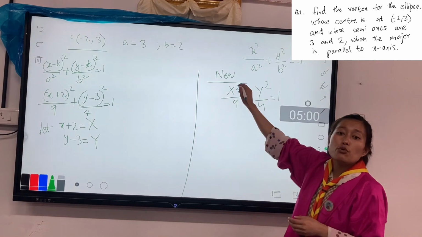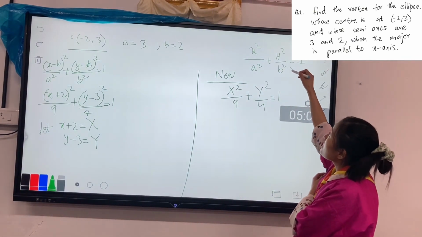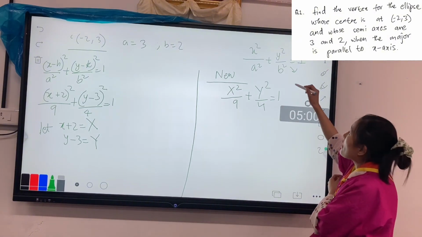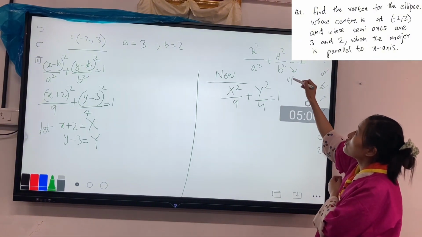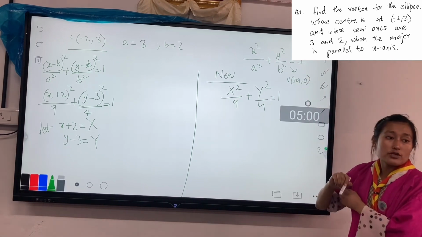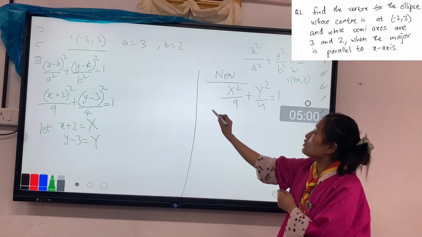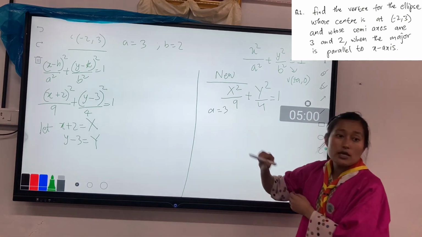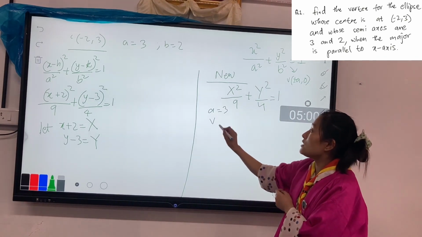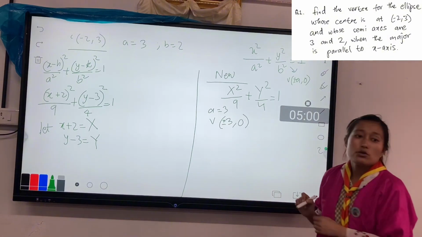Now for the new one, what is your vertex? For the standard diagram, we have the vertex equal to plus or minus a, comma 0. True or not for the standard equation? So here these two are the same, which means your a equals 3. So your vertex here is actually plus or minus 3, comma 0. True?